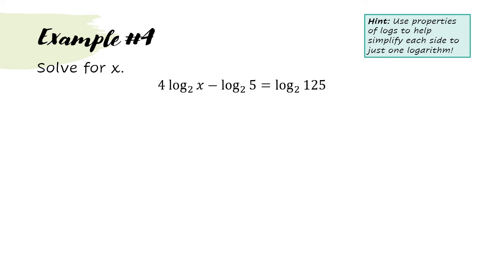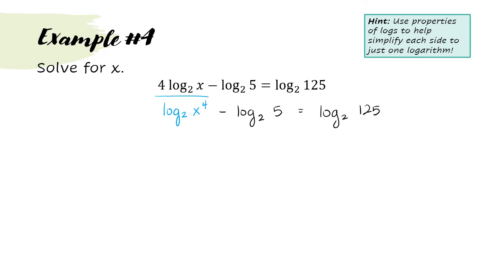So same idea, 4 times log base 2 of x. I'm going to rewrite this as log base 2 of x to the 4th. Okay, now the rest, of course, of my equation did not change. Log base 2 of 5 is equal to log base 2 of 125.